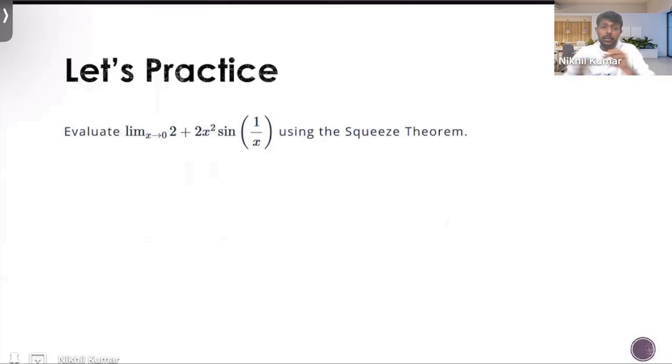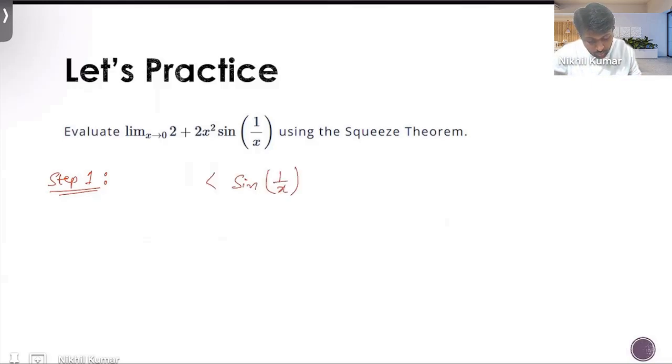So let's write down the inequality. Step 1. Sine of anything literally will always lie between -1 to +1, okay? Step 2 is try to arrive at the function given in the question.